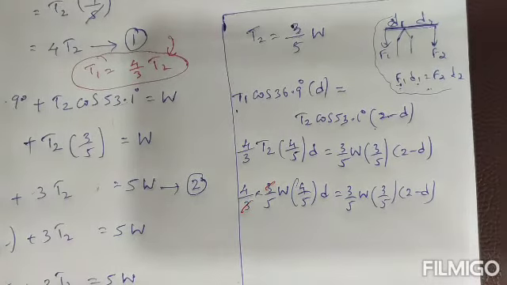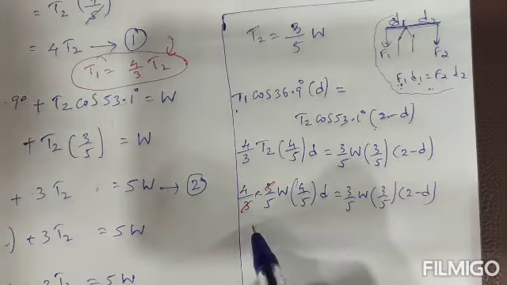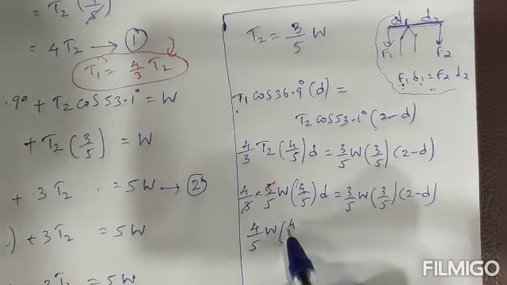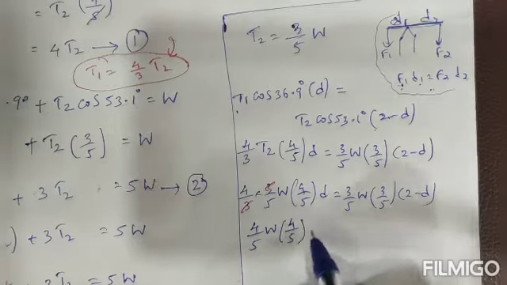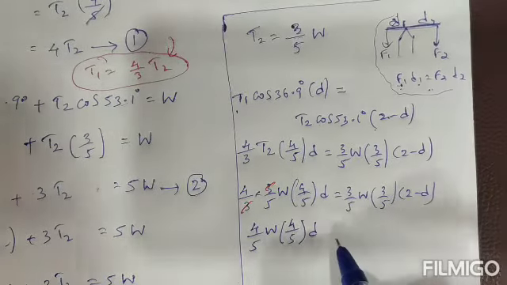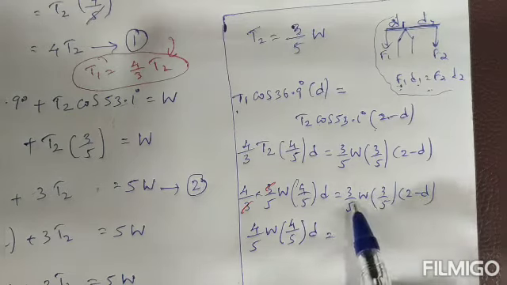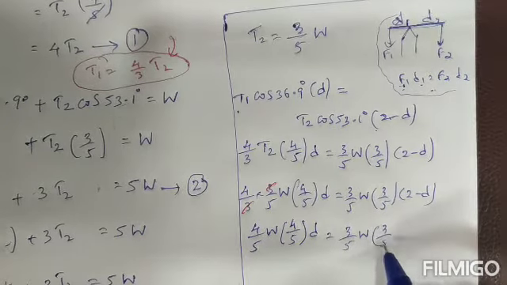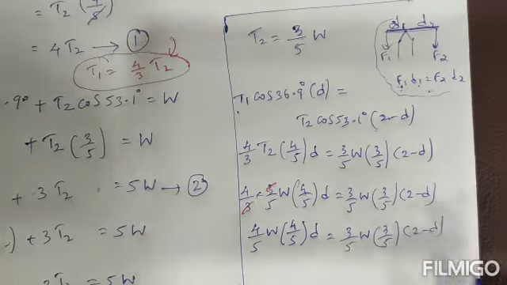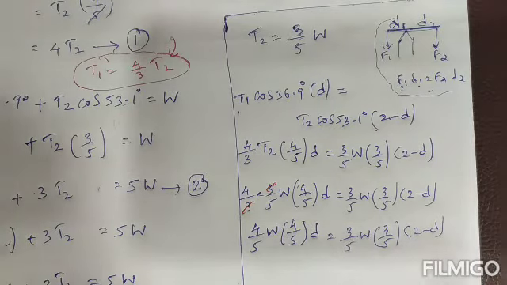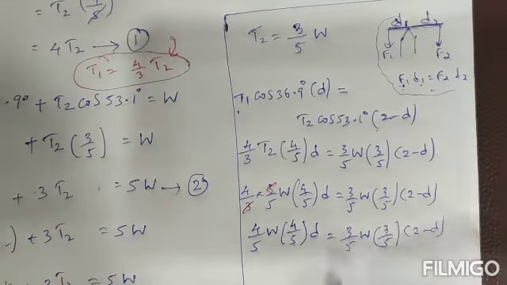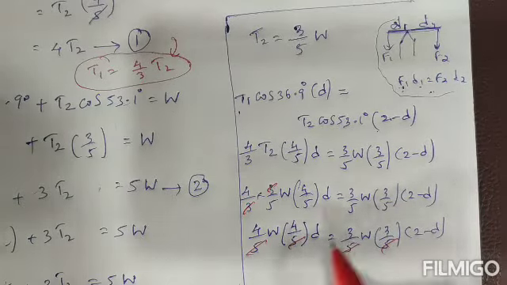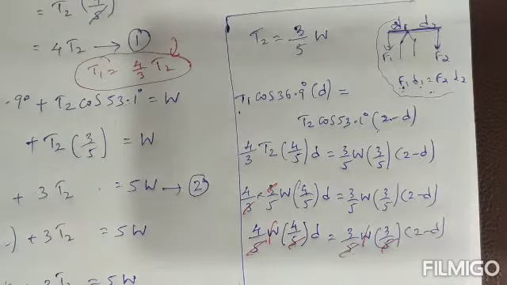The remaining terms: 4 by 5 W into 4 by 5 into D is equal to 3 by 5 W into 3 by 5 into 2 minus D. Please listen students: 5 into 5 is 25 on both sides, so this can be cancelled, and the W value will also be cancelled.